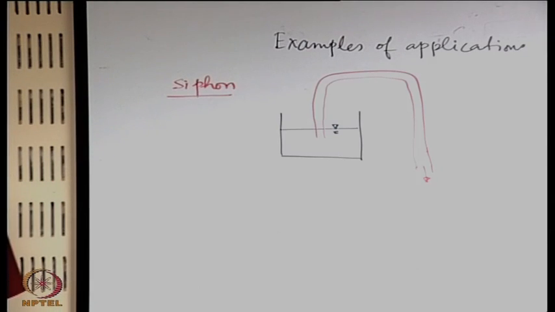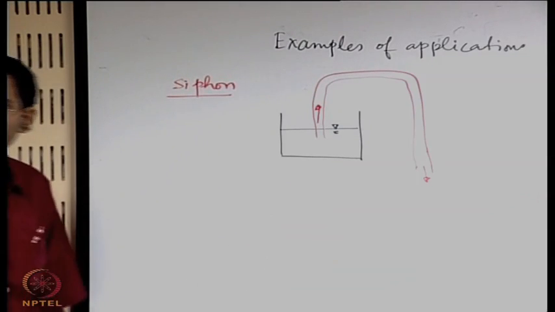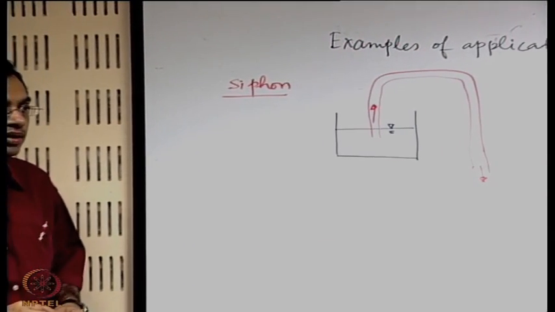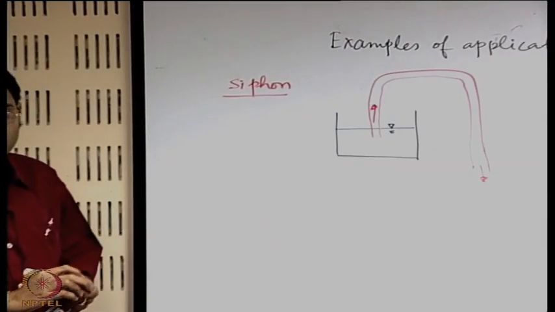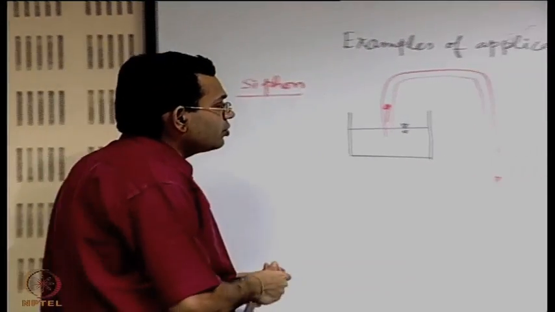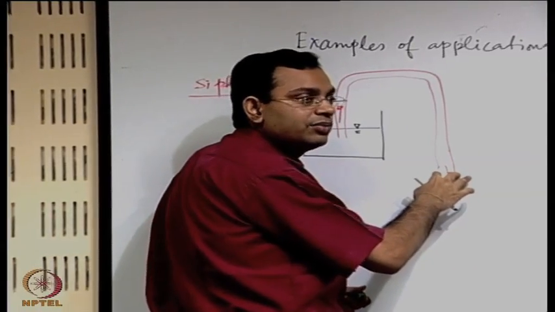The apparent amazing feature of the siphon is that, out of nothing, it is pulling the water in the upward direction. But if you look into it a bit carefully, it is not at all amazing, because eventually it is discharged at a level below.